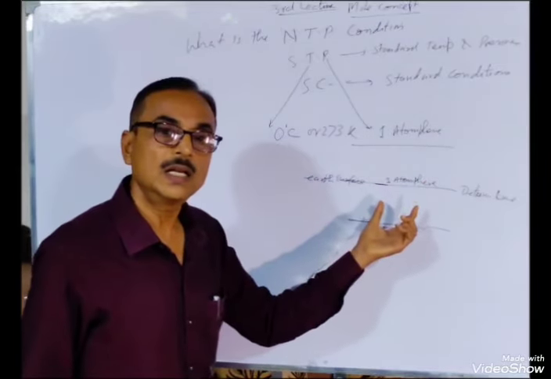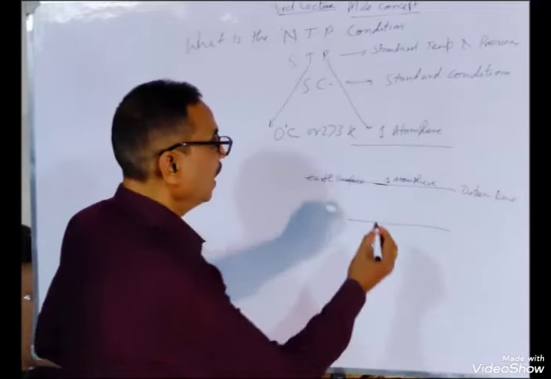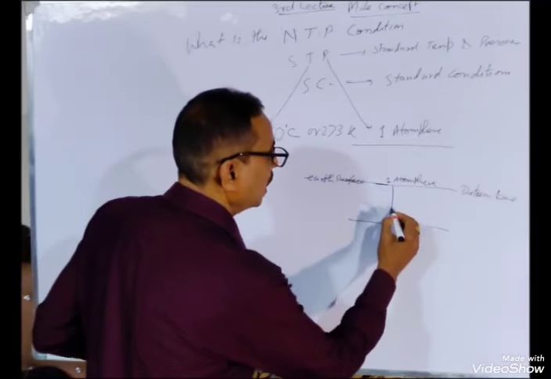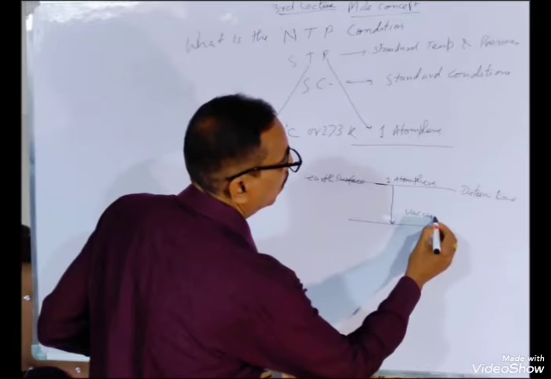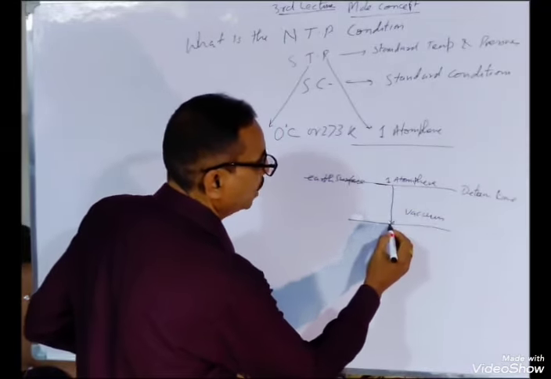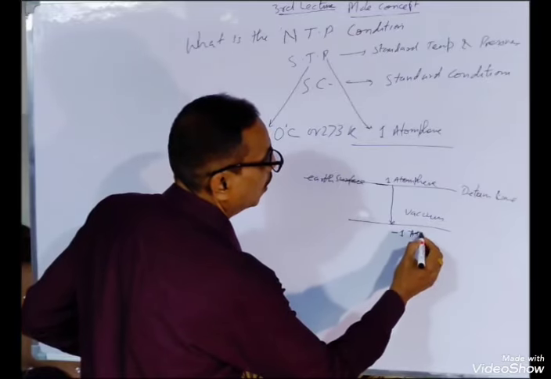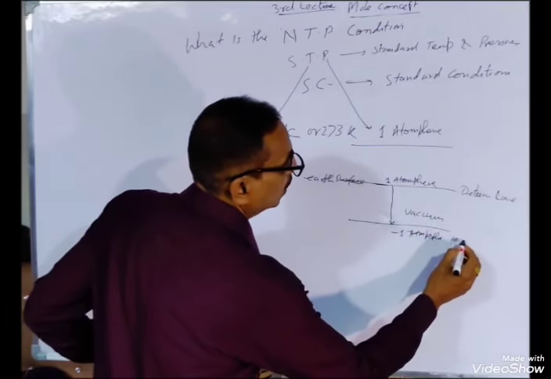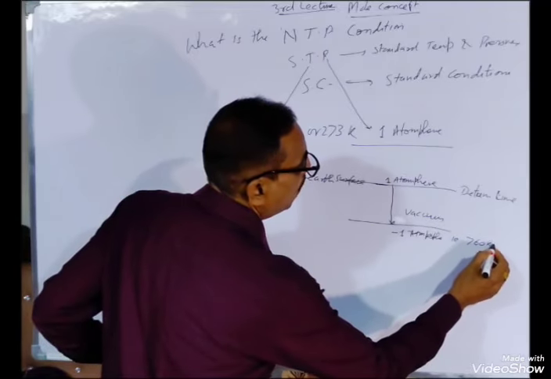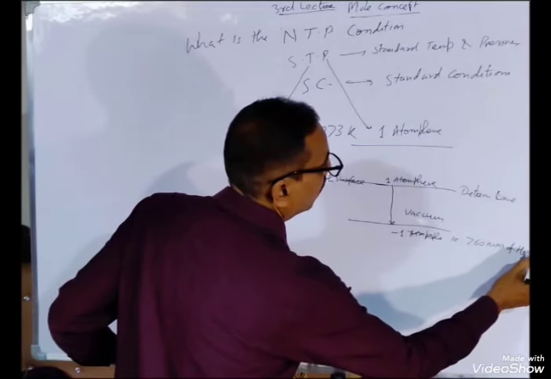If we measure the pressure below the earth surface, it is called vacuum. So the maximum vacuum possible is minus 1 atmosphere, that is 760 mm of Hg column.